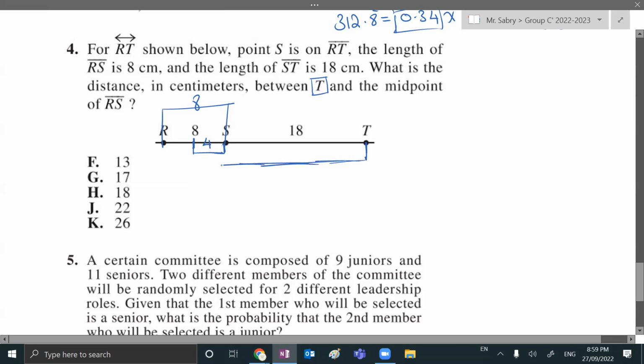Meaning from here to exactly the middle between R and S, right? You see, now I highlighted the entire region. This part up to here is 18 and the small remaining part here is 4. So the whole thing is 18 and the 4 all together, right? So it's a total of how much? 18 plus 4, 22.